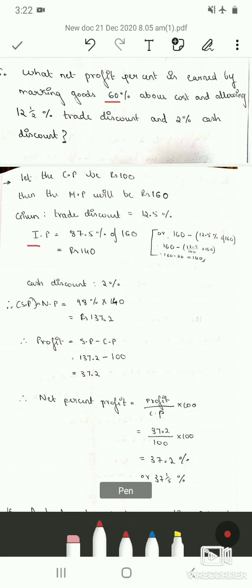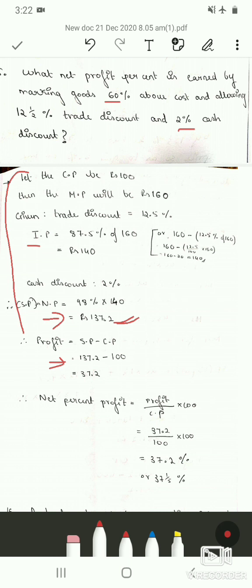So therefore we got the invoice price, that is rupees 140, and they have given the cash discount to be 2%. Therefore the net price would be 98% of the invoice price. So 98% into 140, which is rupees 137.2. Therefore the profit is the selling price minus cost price. So here selling price, that is the net price, we got 137.2, and we have assumed the cost price to be 100.